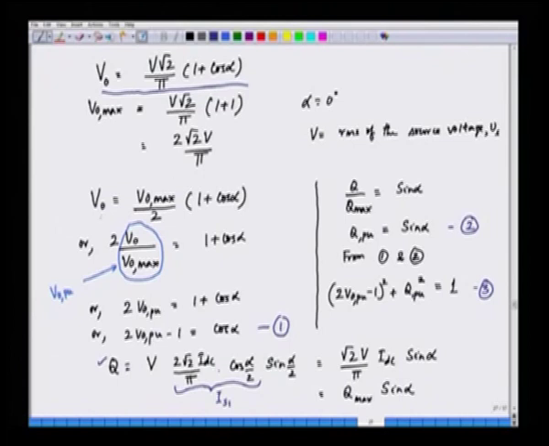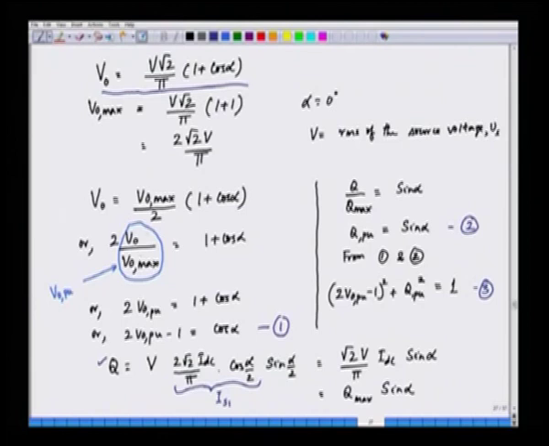So, we can write down the output voltage V naught as V naught max by 2 into 1 plus cos alpha, because this is V naught max. So, this by 2 into 1 plus cos alpha is V naught, and we express this in per unit.